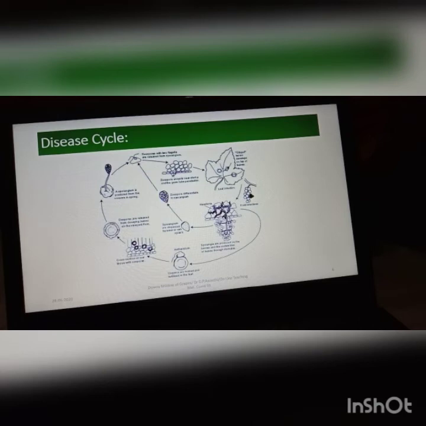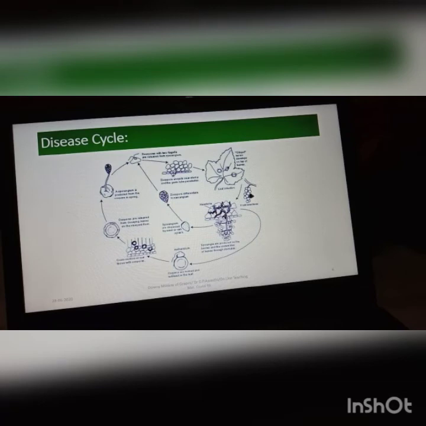The primary source of inoculum of the fungus is soil-borne inoculum, and the oospores serve the purpose. From the oospores, sporangium is produced, and in this sporangium we will have many zoospores having two flagella.